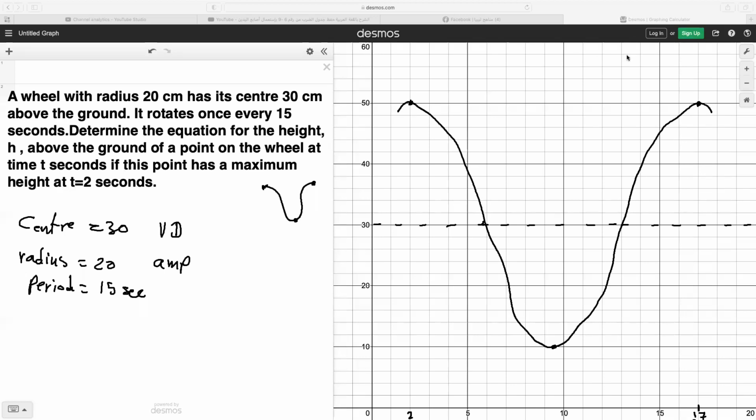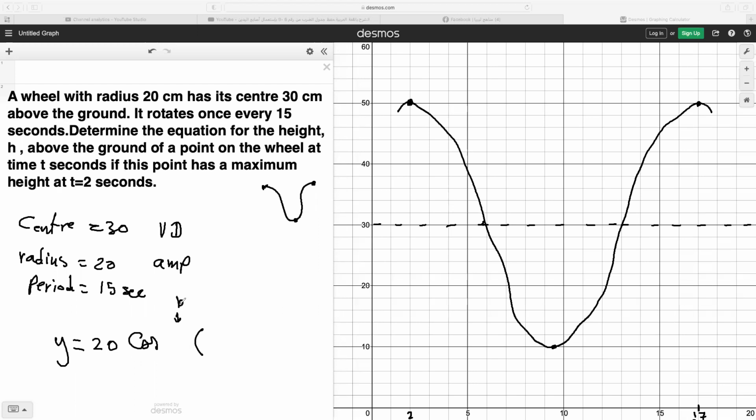So the equation of the cosine graph, and I said cosine because the graph started right here at a maximum, so it's better to use a cosine function. So y would equal the amplitude, which is 20, and it's positive 20 since we started at a maximum, cos.